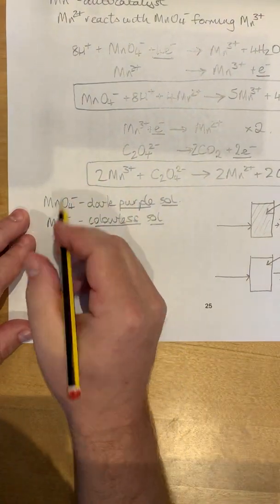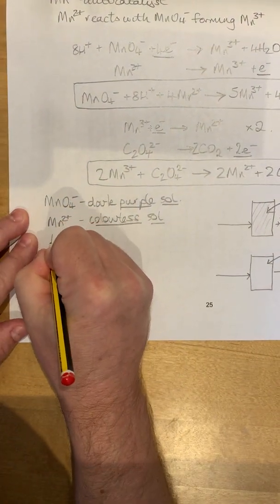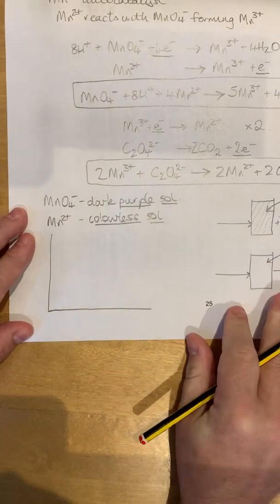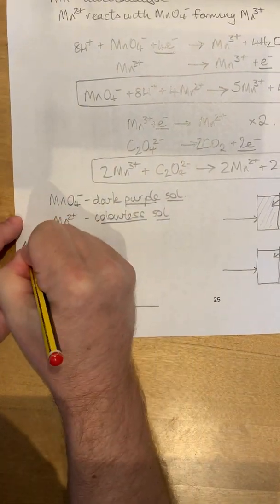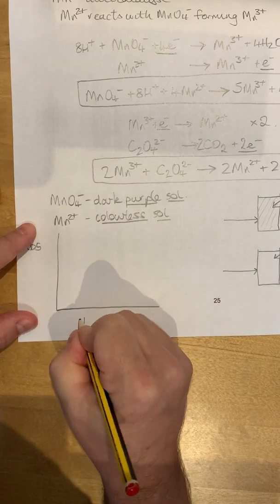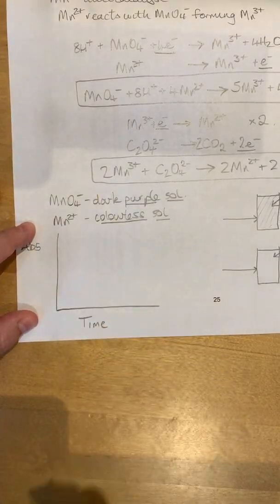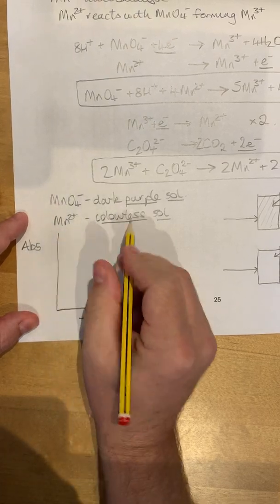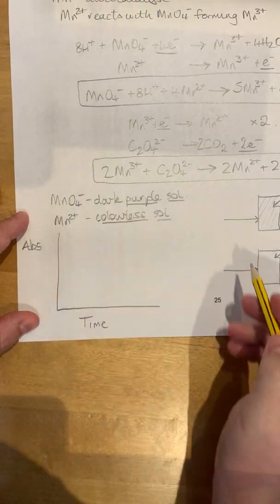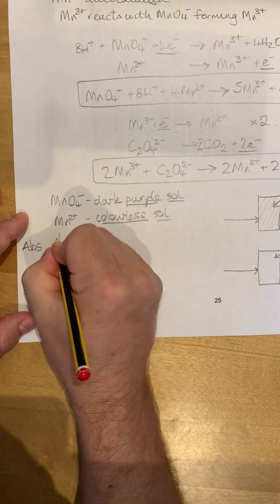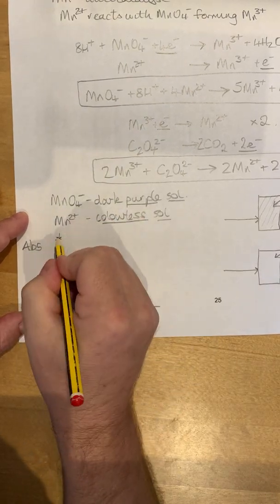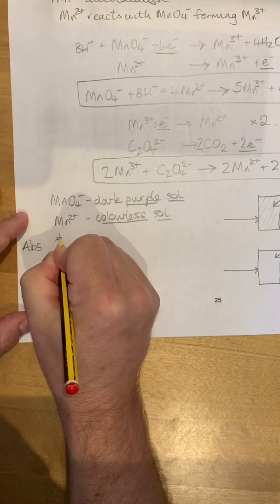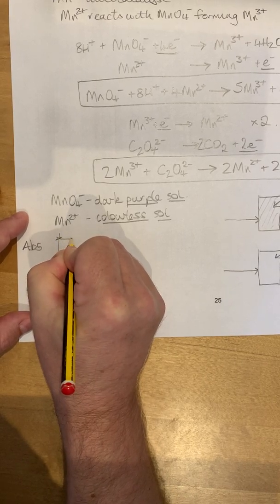If you were to plot it over time, we'd have absorbance against time. At the start, where the rate is very slow, that absorbance wouldn't decrease much. It would still be a very dark colour. So if we started up there, a high level of absorbance, the change in the absorbance will be very slow, almost flat.